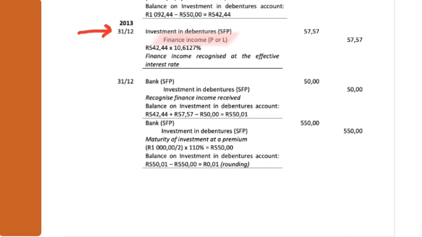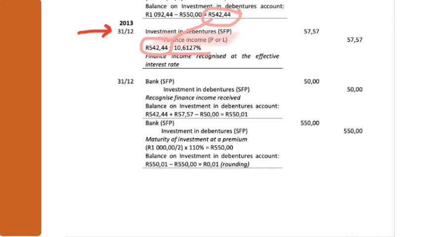We use the balance on the T account, which was the balance at the end of the prior year, times the effective interest rate. This is the effective interest rate method, balance times effective interest. Remember, we calculated that effective interest. That is the first thing that happens on 31 December.